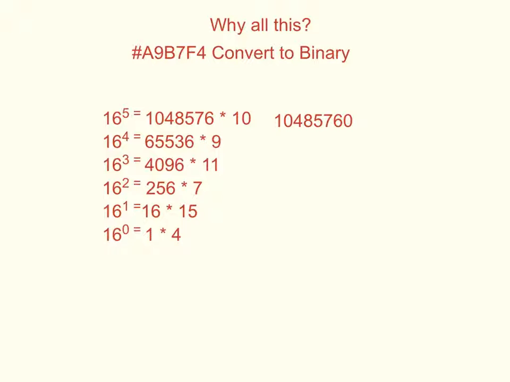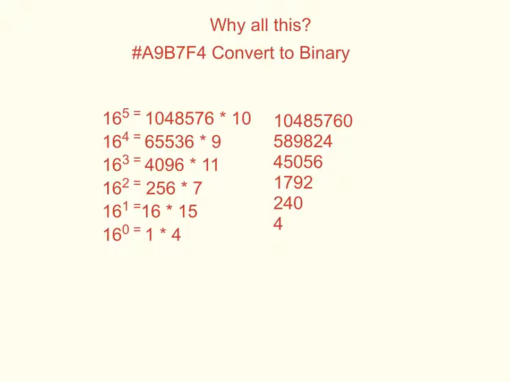Plus 65,536 times 9, which is 589,824. 4,096 times 11 is equal to 45,056. 256 times 7 equals 1,792. 16 times 15, getting a little more comfortable with the math now, is 240. And 1 times 4 is 4.